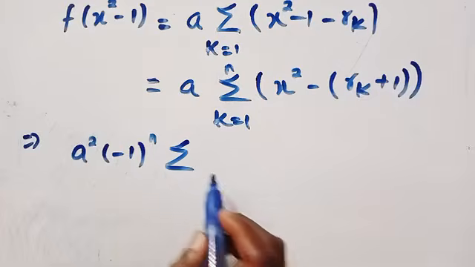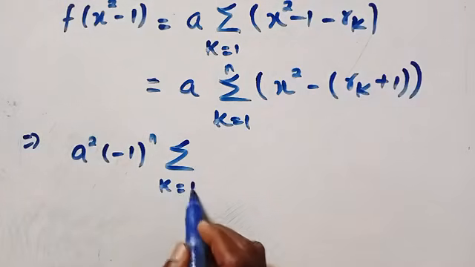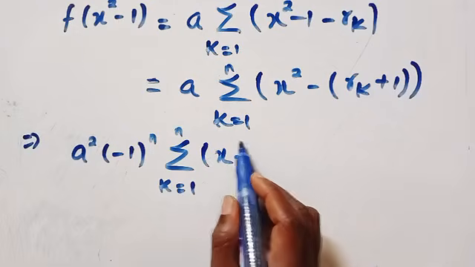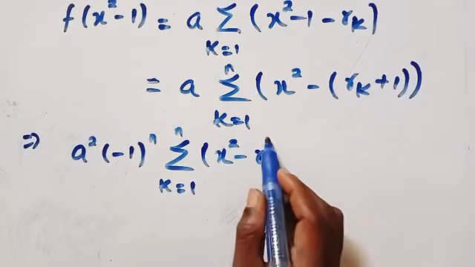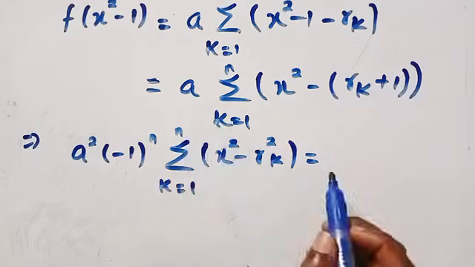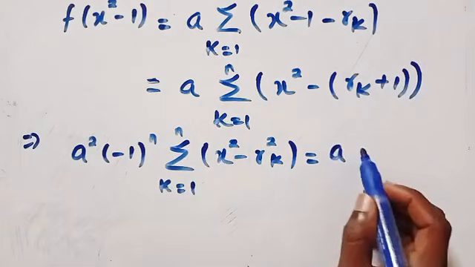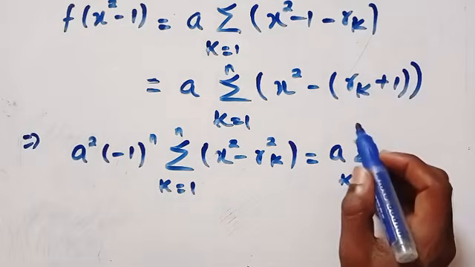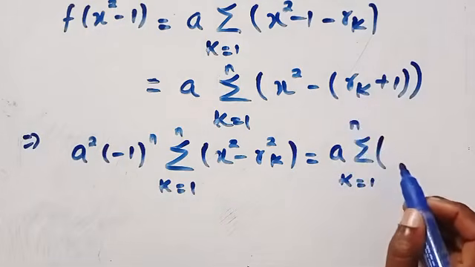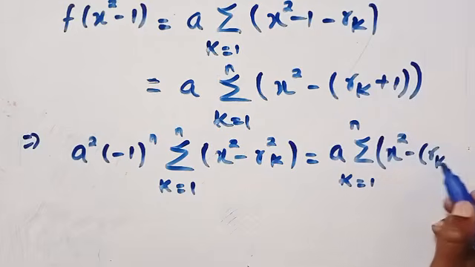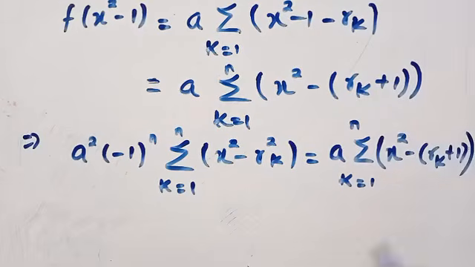Then we have the summation of k equals 1 to n into bracket of x squared minus r squared k. So this will be equal to f of x squared, and that one gives us the summation of k equals 1 to n into bracket of x squared minus rk plus 1. So this is what we have for this.